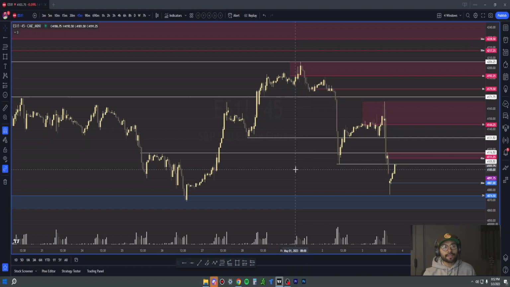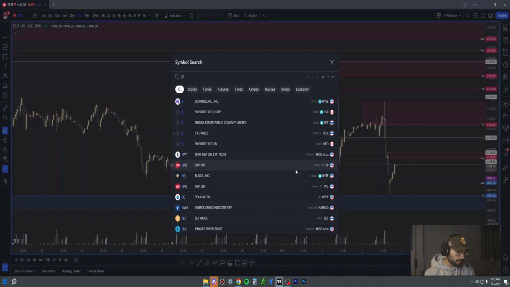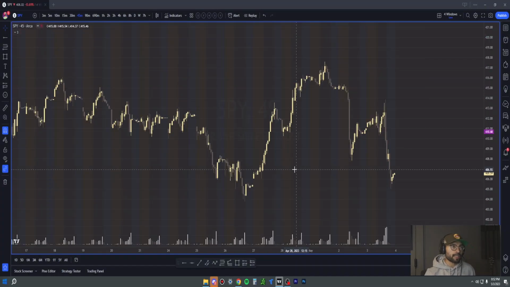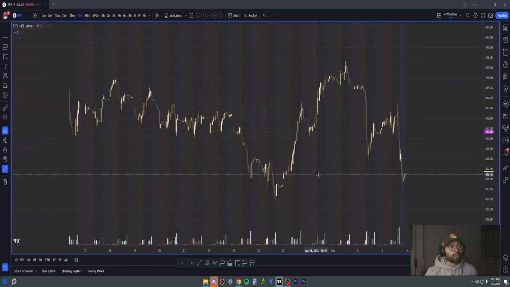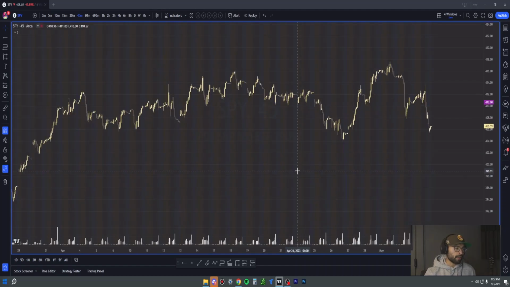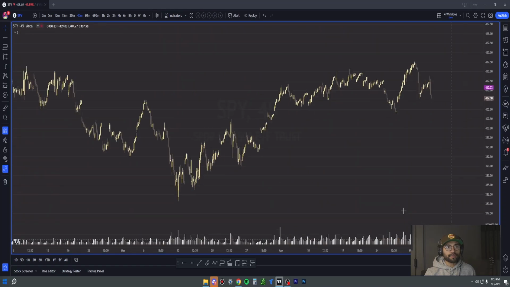But if you want to look at SPY specifically and only trade SPY, what I would recommend, and this is what I always do when I'm charting, like Disney, Uber, and everything, is take off extended hours and only draw supply zones and demand zones on regular hours.